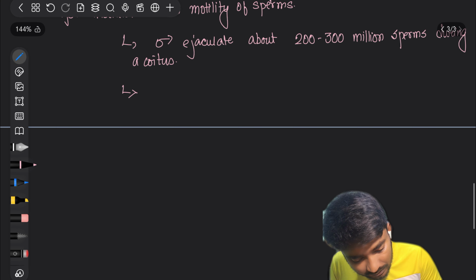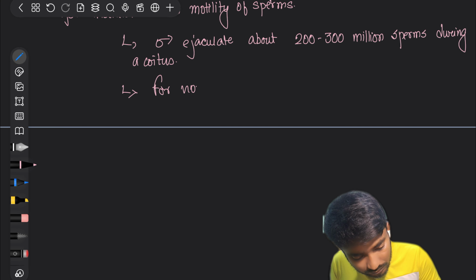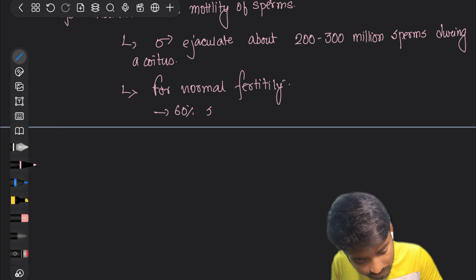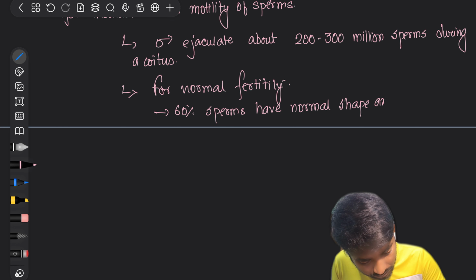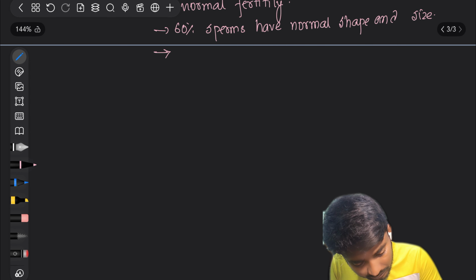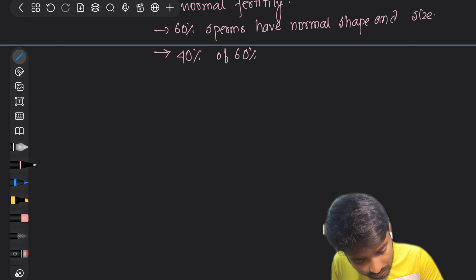For normal fertility, 60% of sperms must have normal shape and size, and 40% of those should have vigorous motility.